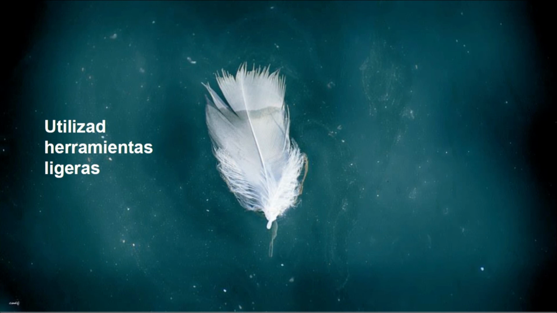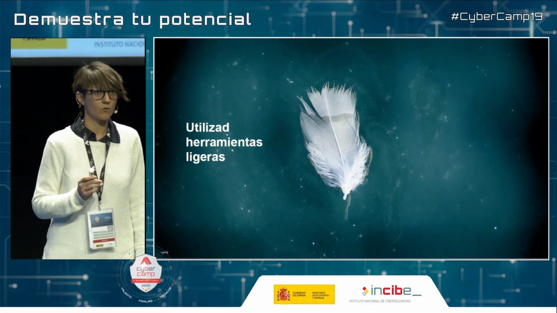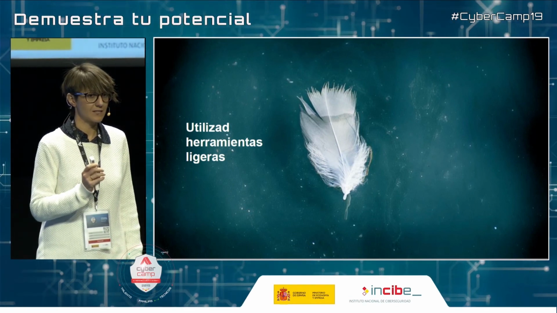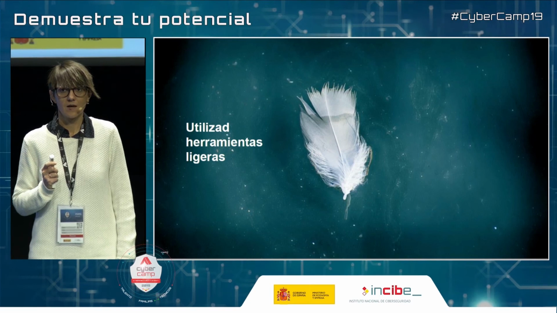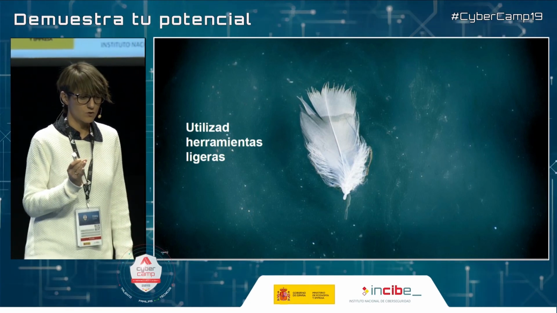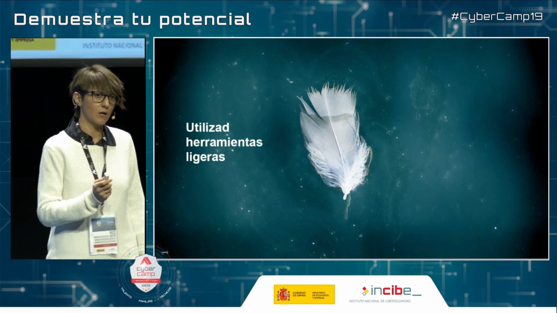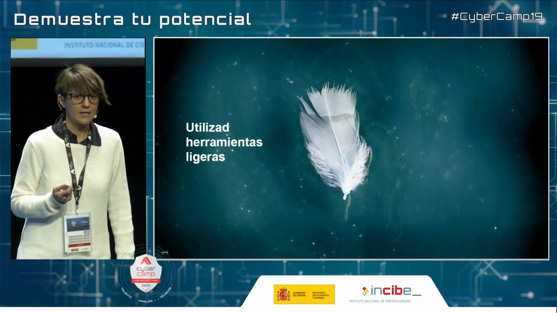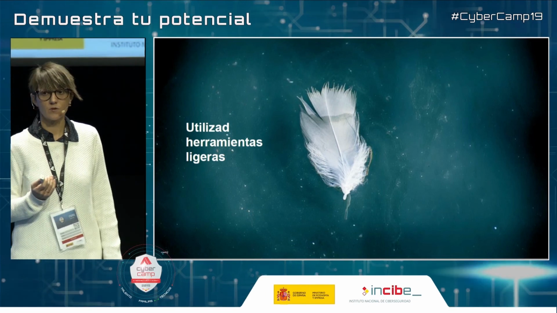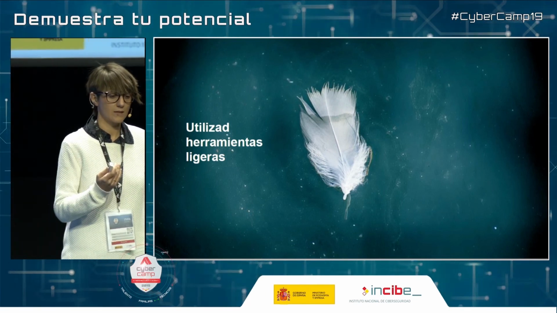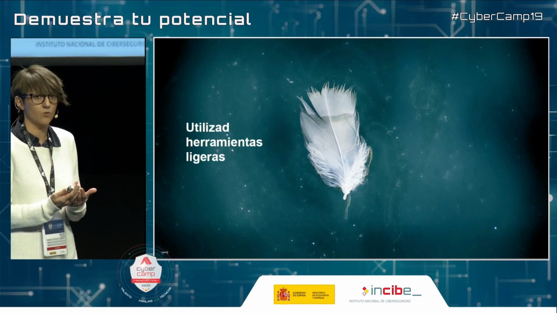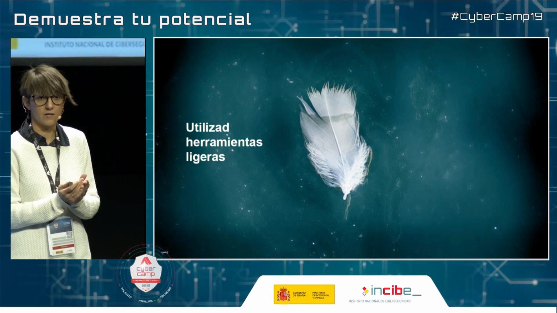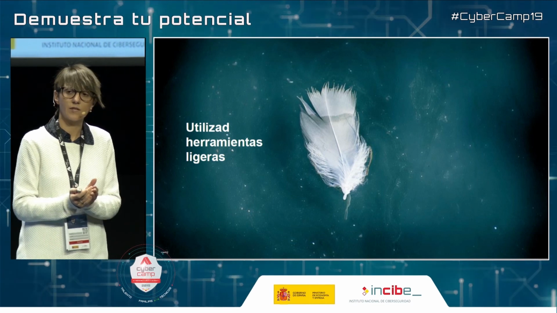You always need to use light tools. What do I mean? The most critical part in the analysis is acquisition. When you get your pieces of evidence, we can make a mistake in this process and get rid of a piece of information that would be of interest. So during this acquisition process, we have to interact, obviously, with the device, the piece of equipment from which we need to take the evidence.